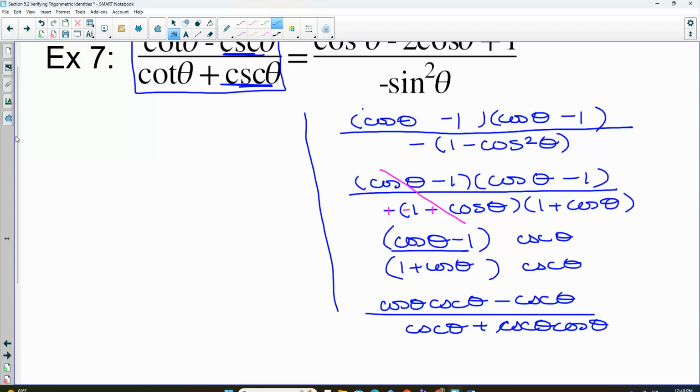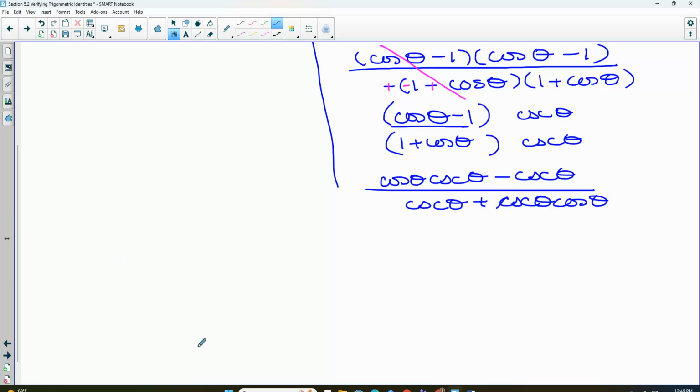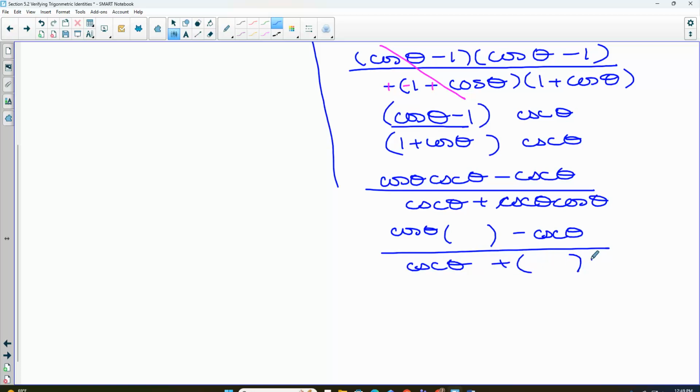I'm missing the cotangents, aren't I? So I want some of these cosecants, but not all of them. What could I change cosecant to?